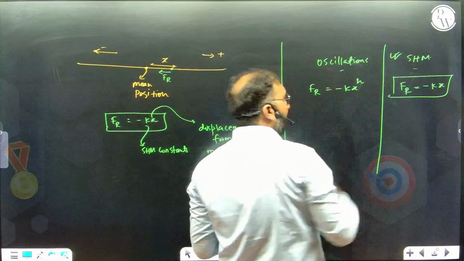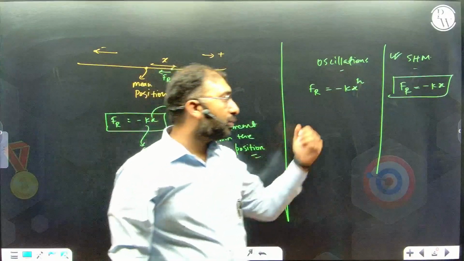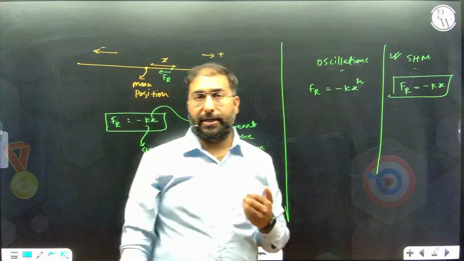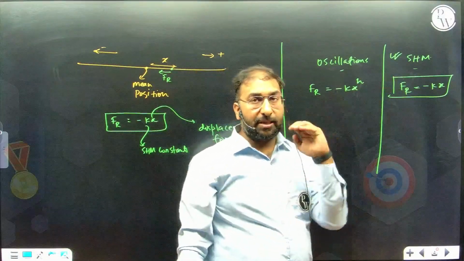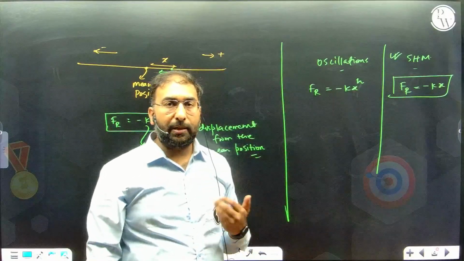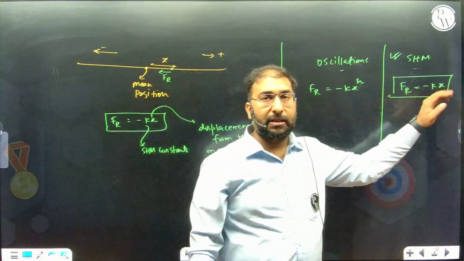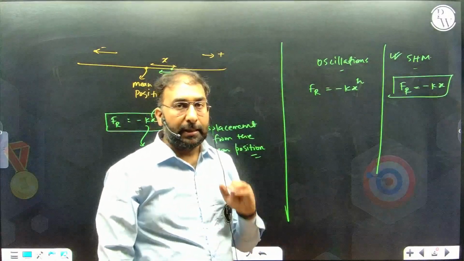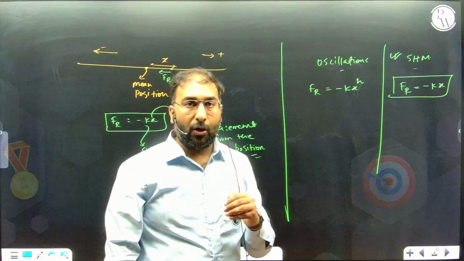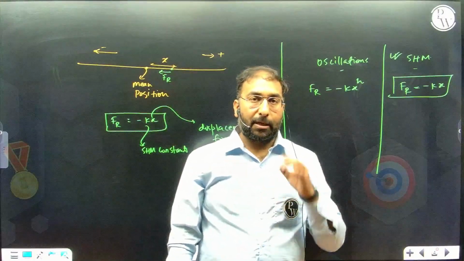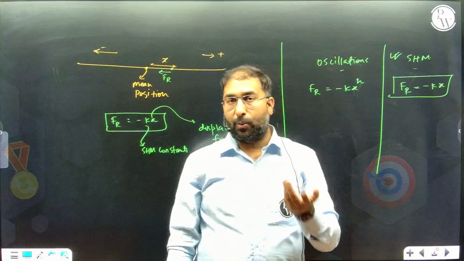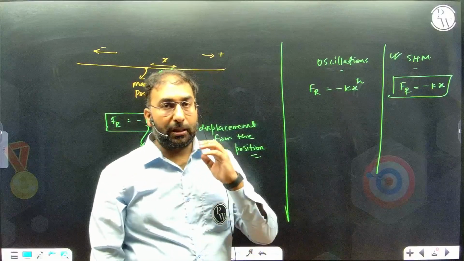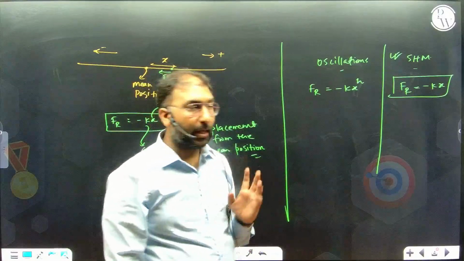For higher values of n, it can be oscillation, but we will not call it SHM. As the name suggests, simple harmonic motion, simple means the restoring force is linearly proportional to the displacement of the particle. So this is very important: all oscillations cannot be known as SHM, but out of all oscillations, only the condition where the restoring force is linearly proportional to the displacement is called SHM.